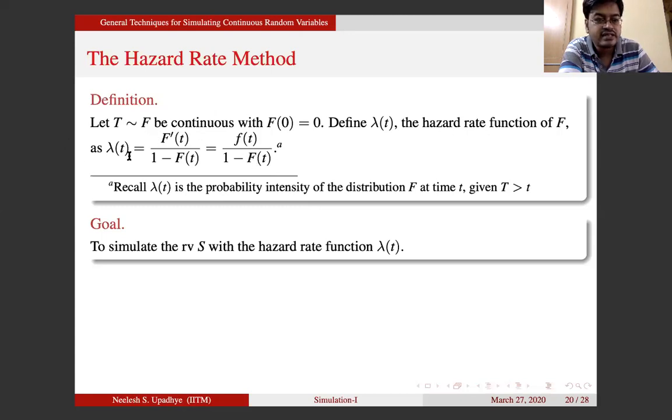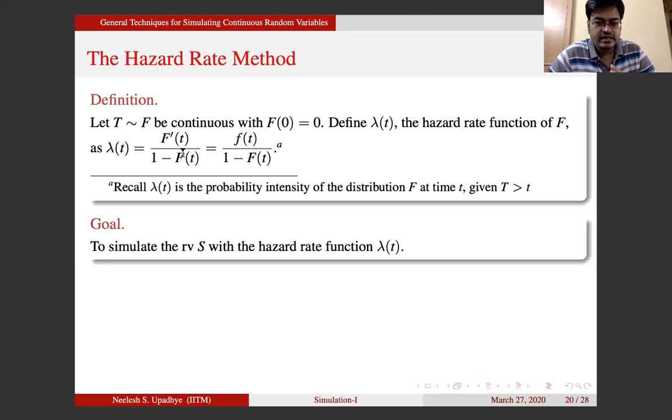So you will get lambda(t) equal to lambda as the hazard rate function. Now I want to use this knowledge to my advantage, and I want to simulate a random variable S having hazard rate function lambda(t).